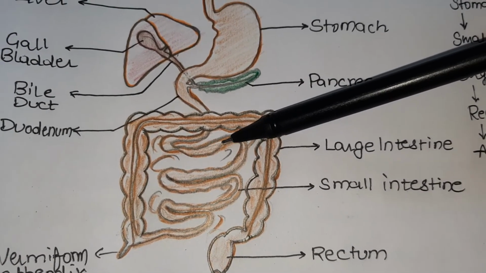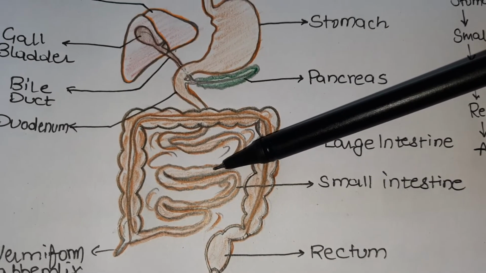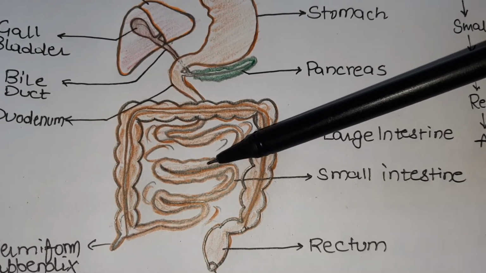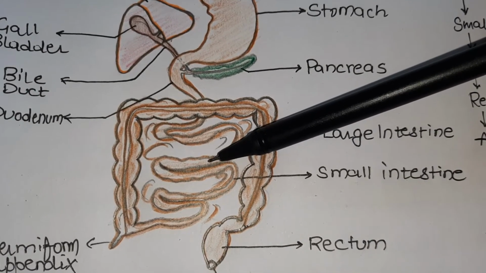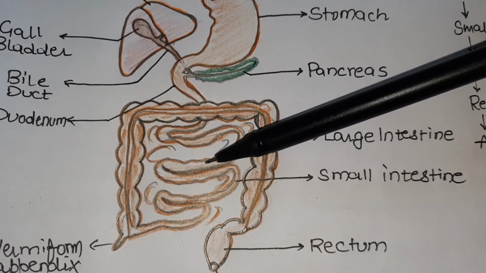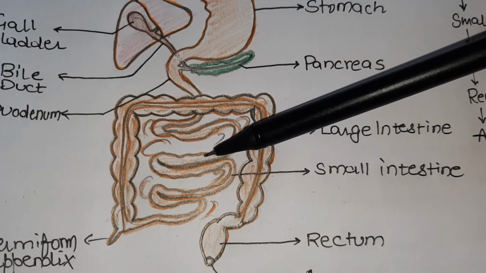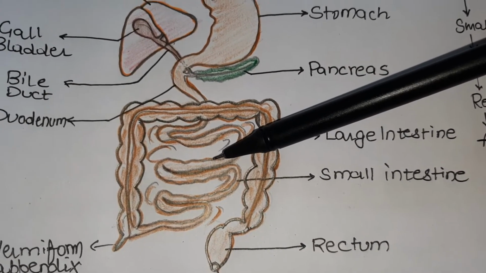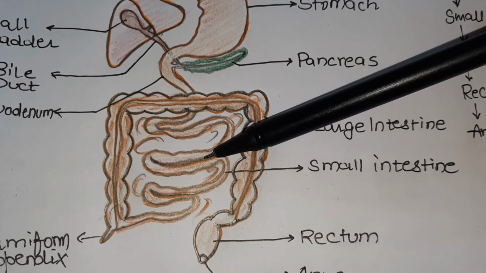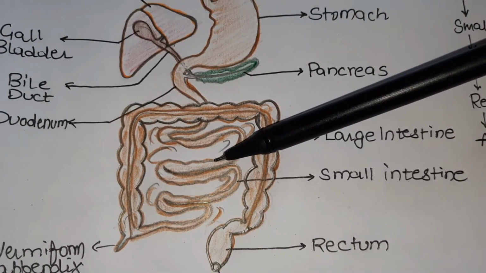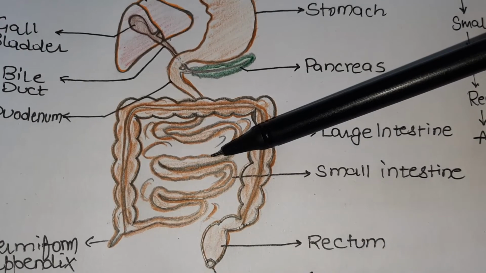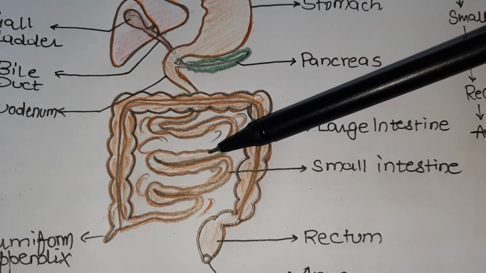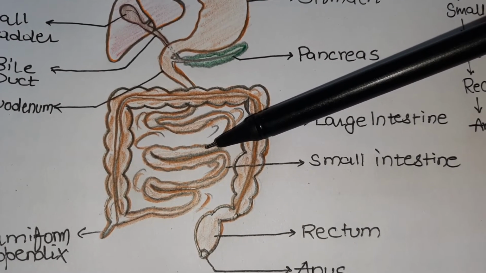It is the site for complete digestion of food, and it is also the site for the absorption of digested food. The inner lining of the small intestine has numerous finger-like projections which we call villi. Why are villi there? Villi increase the surface area and help in absorption of digested food.